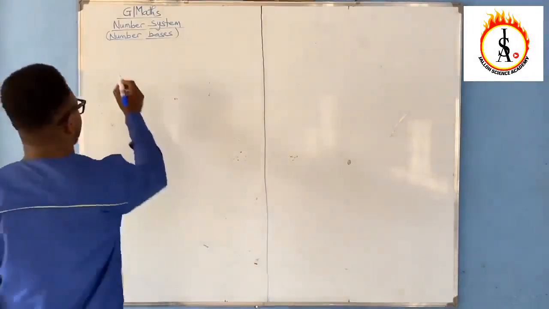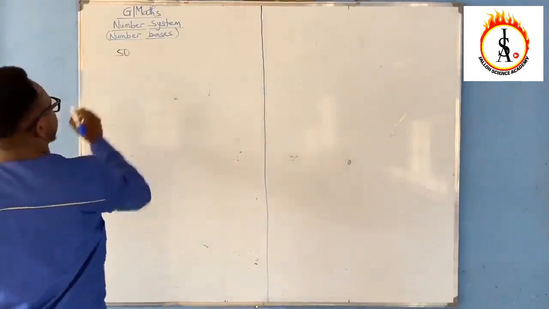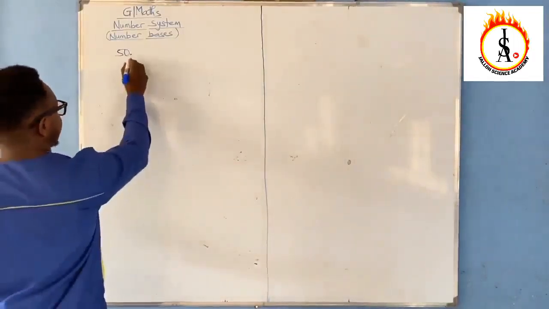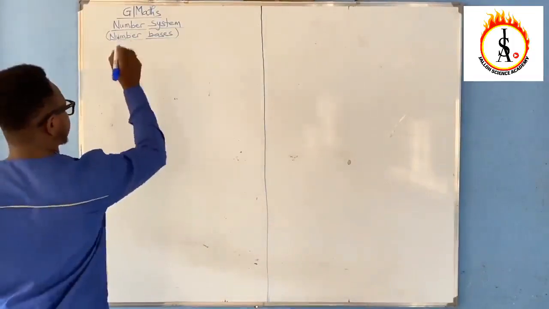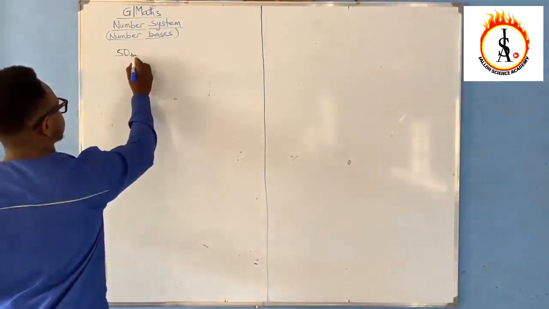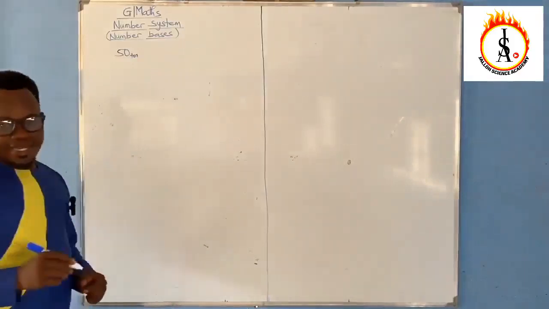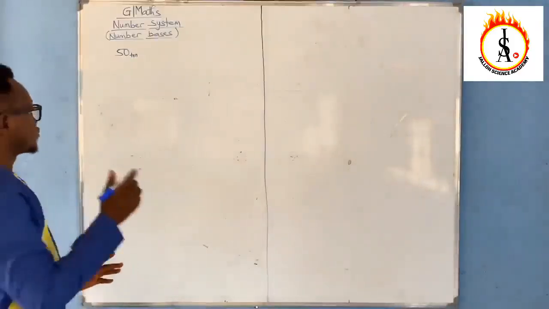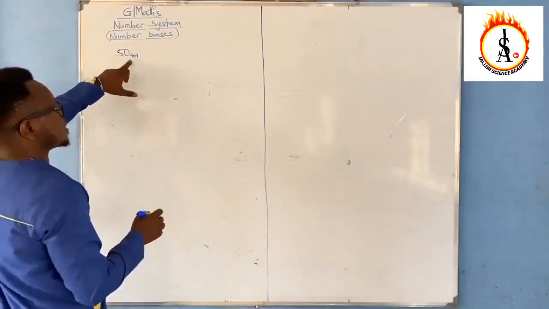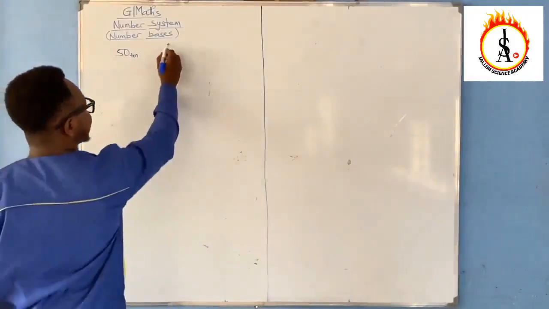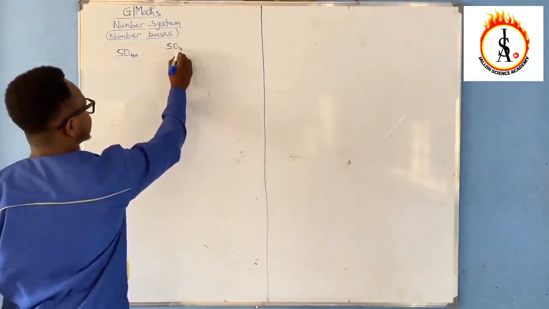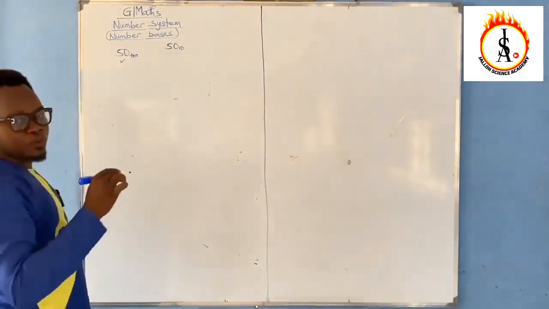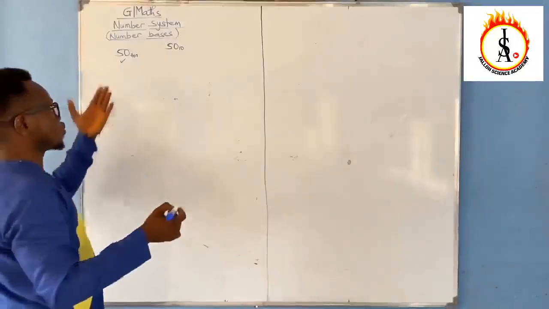For example, you have here 50 in base 10. You can write it as 50 ordinarily, or you write a subscript of 10, TEN. And it is advisable that you write 50 base 10 like this instead of writing the number 10 as a subscript. So this one is the most appropriate, and it is advisable that you write it this way.